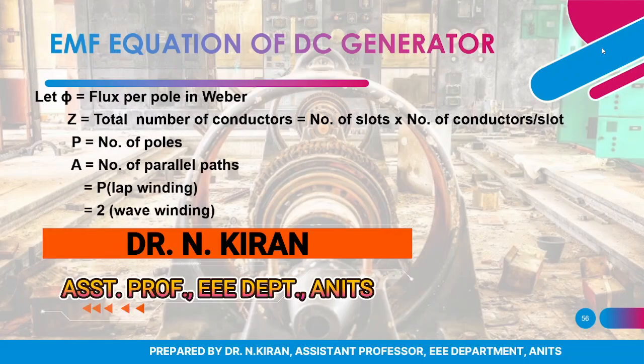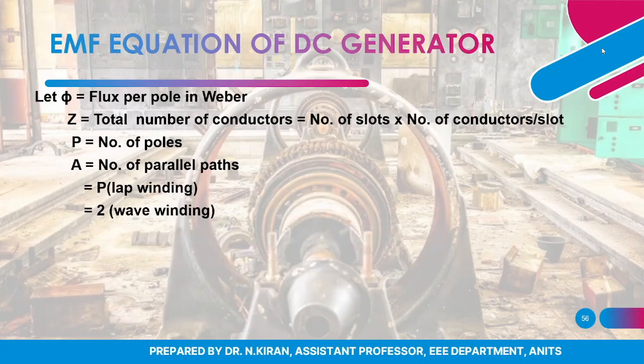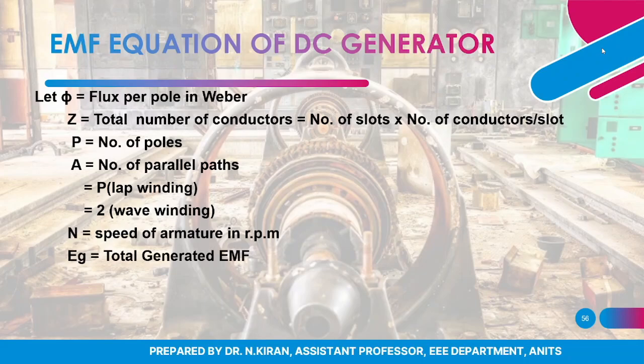As we have discussed earlier, in case of lap winding it is equal to the number of poles. In case of wave winding its value is equal to 2. Let capital N be the speed of armature in revolutions per minute, RPM. Let EG be the total generated EMF in the DC generator.